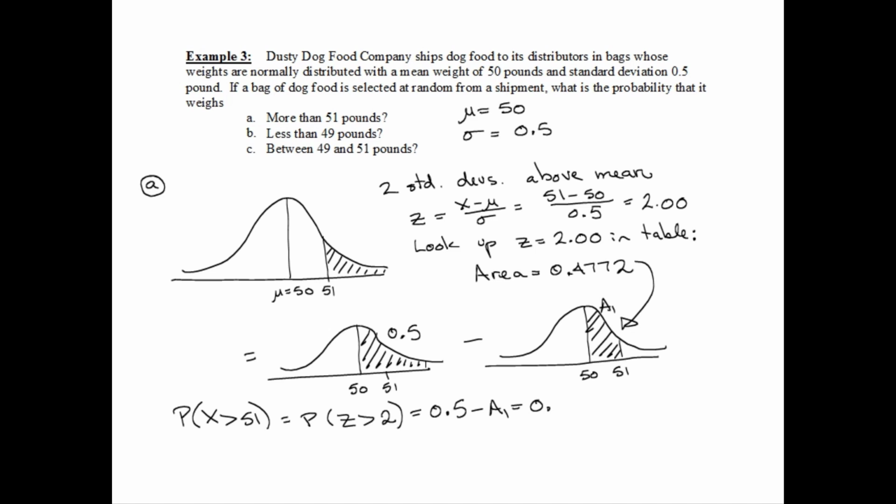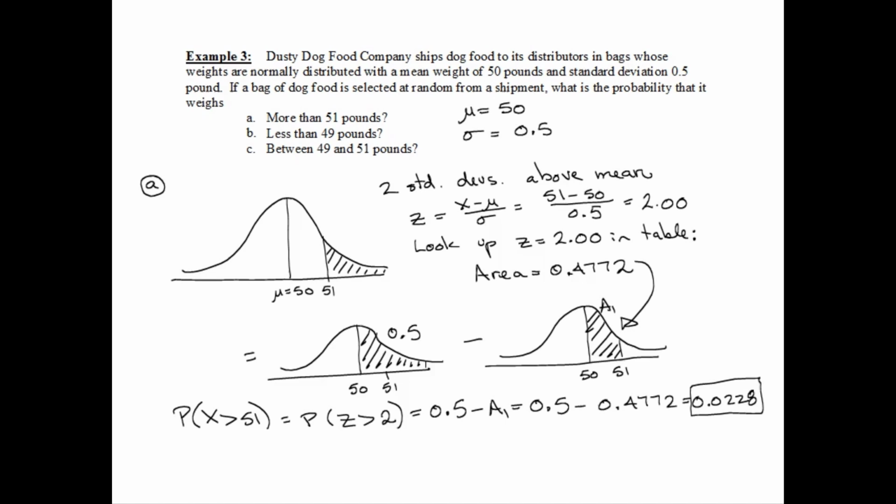So 0.5 minus 0.4772, which is 0.0228. That's the area that we want. And therefore, that's our probability.